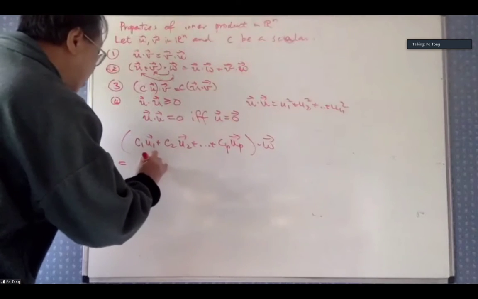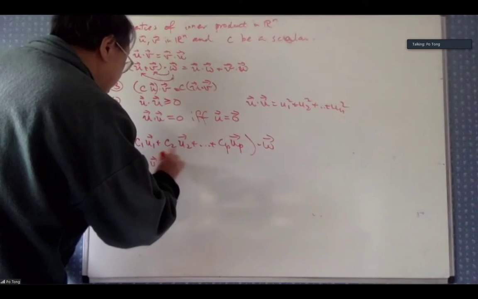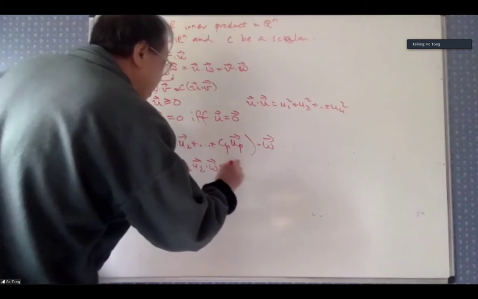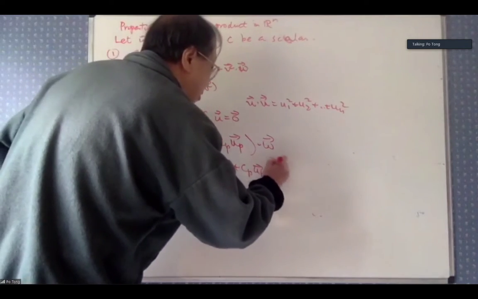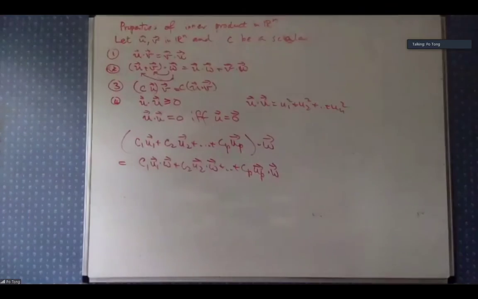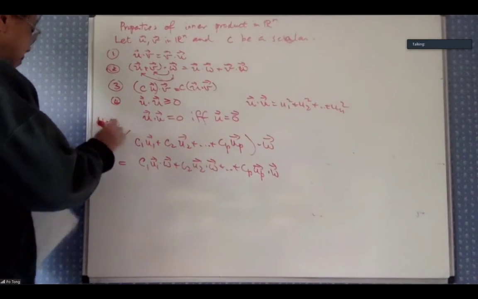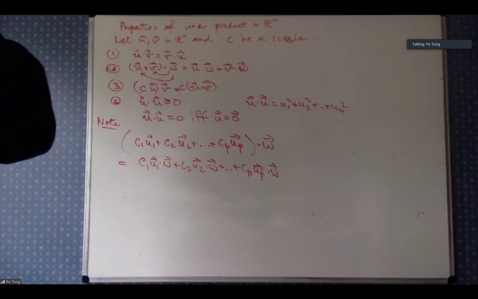This will be c1 u1 dot w plus c2 u2 dot w. You can distribute all of them. And this we are going to use again and again later. Any questions so far?